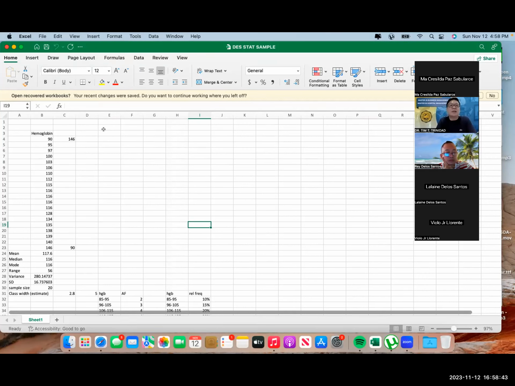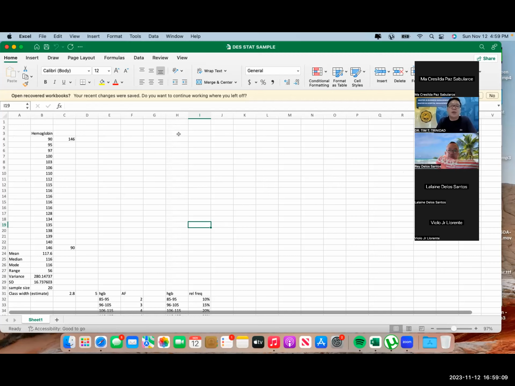These are rows and columns, and we call this a sheet. It's like a spreadsheet, and this spreadsheet can accommodate up to 40,000 rows. Napakahaba niyan, so hindi mo mapupuno itong isang page. So this will be your Excel.